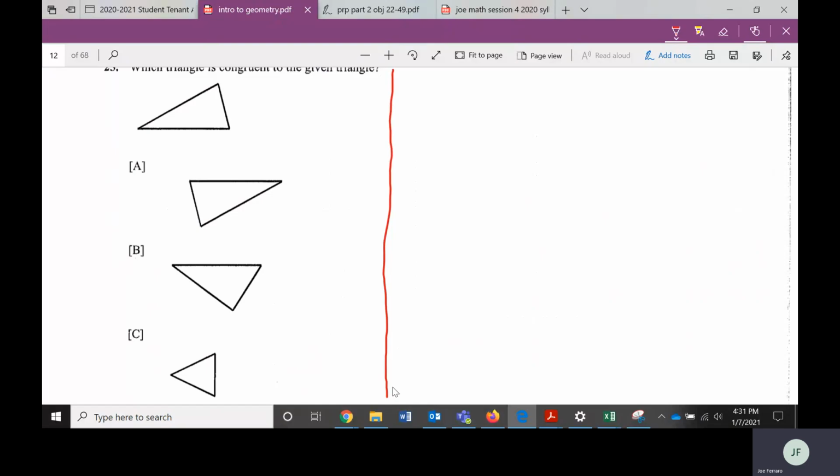We got a couple terms just to go over for definitions here, and then we'll just do some example problems. So first one is congruent. A lot of you might know what this means, or at least remember hearing about it. In short, a definition would be items that are exactly the same size and shape.